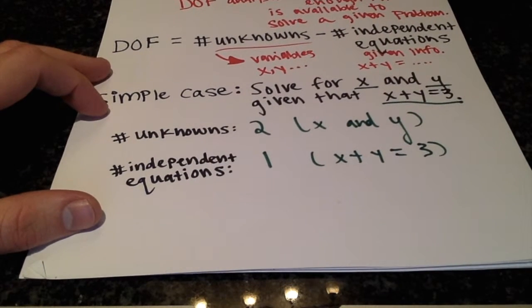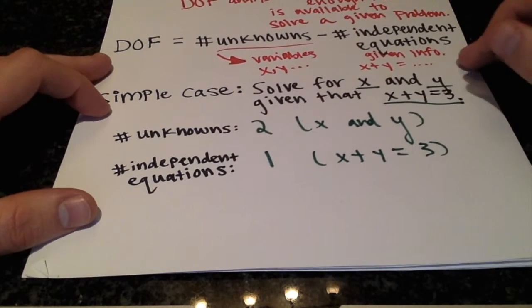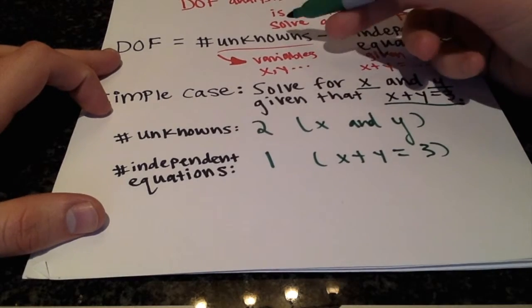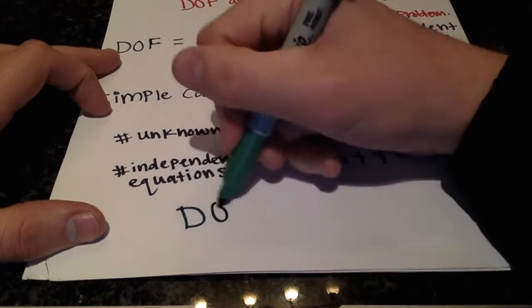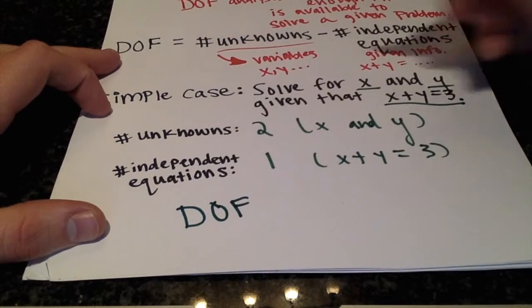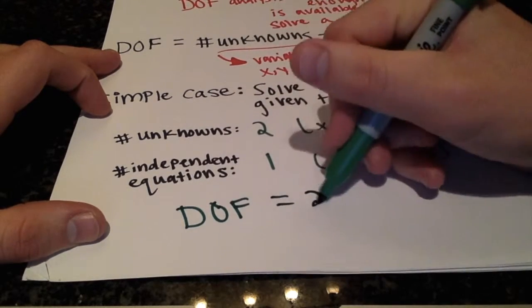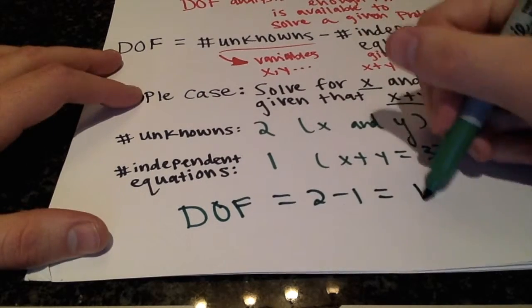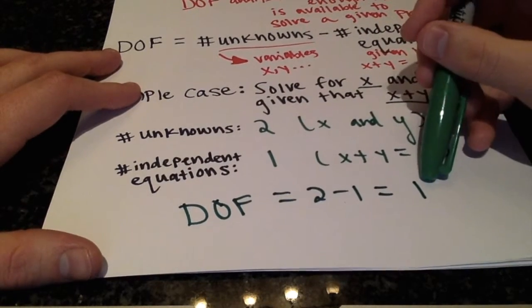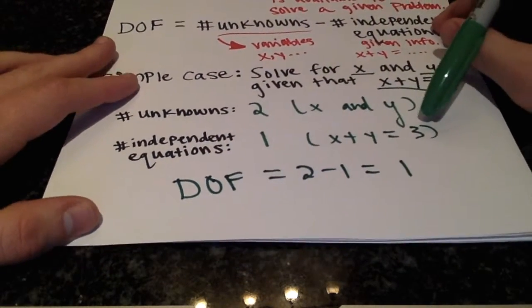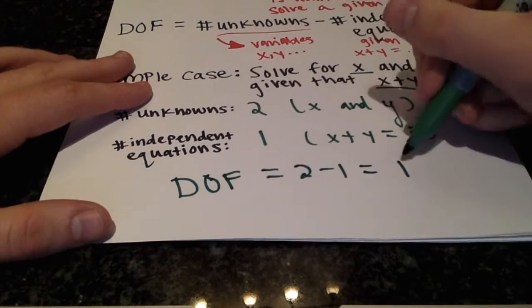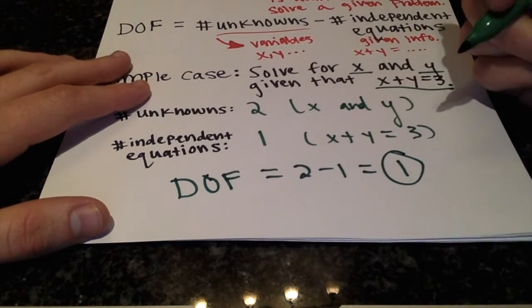And here, if we apply the definition of degrees of freedom, we have that our number of unknowns minus the number of independent equations is 2 minus 1, and we have 1 degree of freedom. Alright, so what exactly does that mean if you get 1?